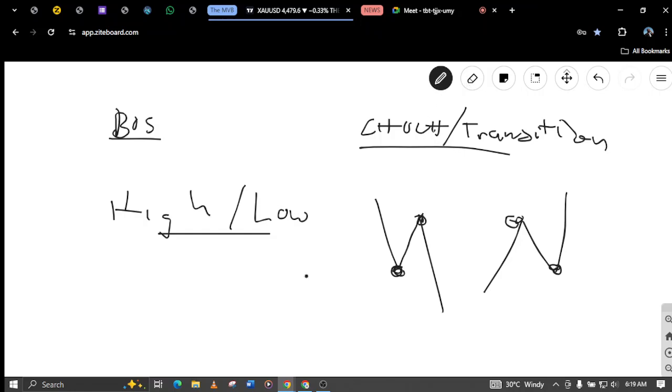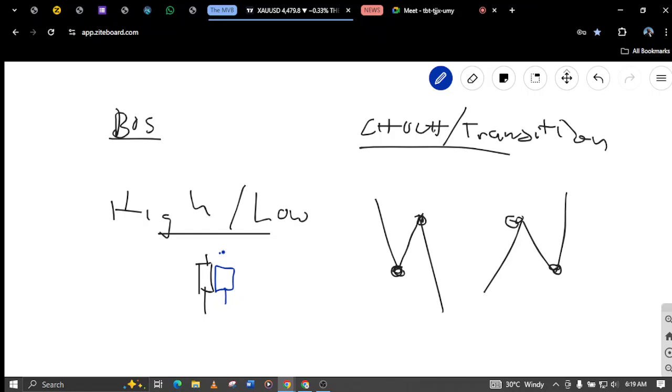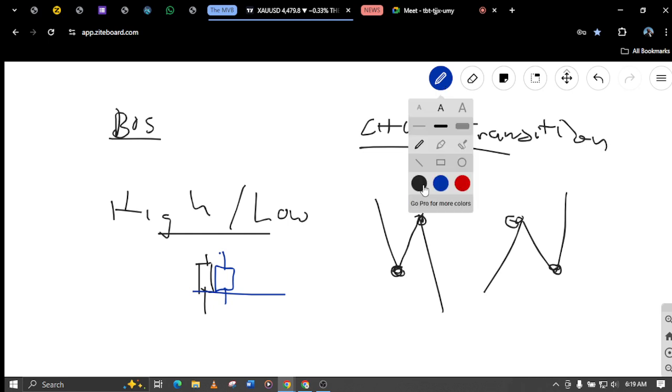I don't know if you're getting this. For example, this is the low printing two candles. So this is the low here. Now, we need to find the longest wick between those two candles.